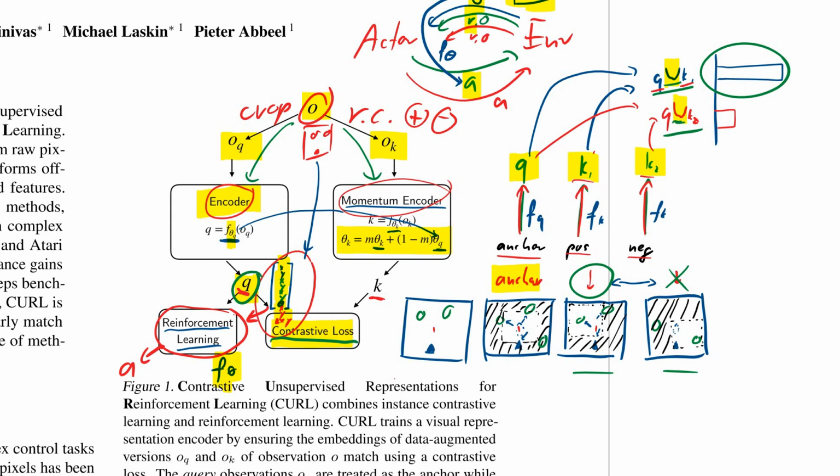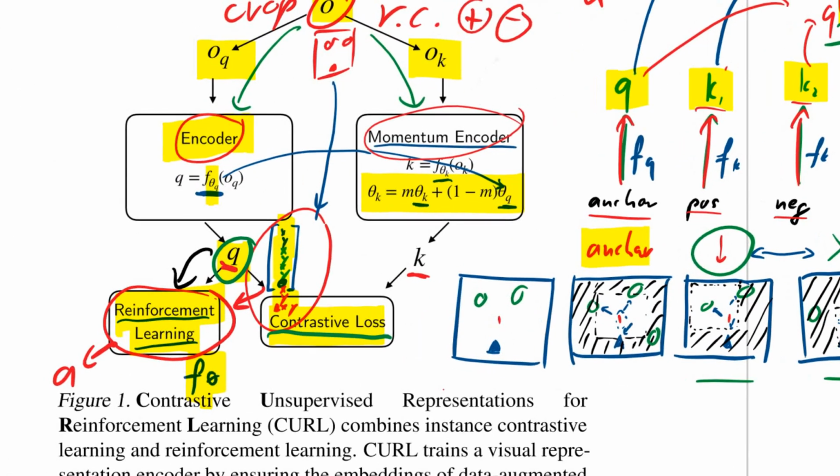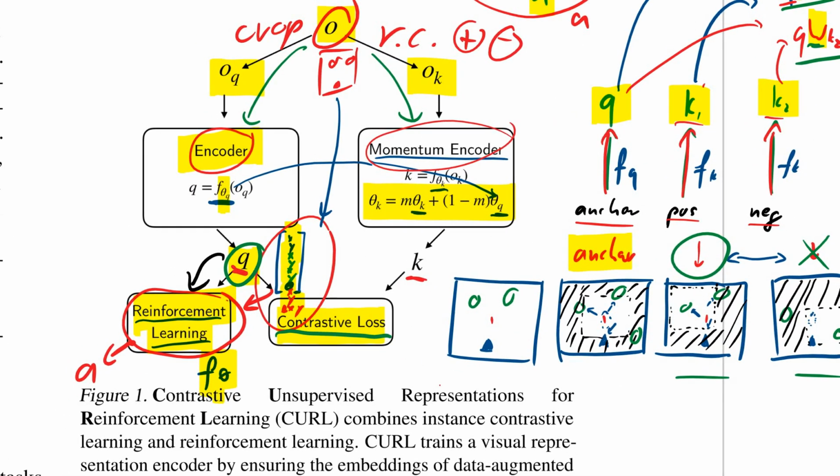And at the same time, you feed the Q here into the reinforcement learning algorithm, and you learn your reinforcement learning algorithm instead of having the observation directly as an input here. You now have the Q here as an input, right? That is it.